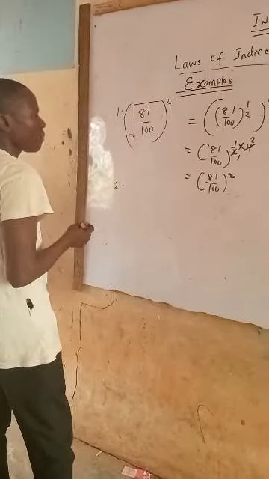But what if you have another question in this form? Let's say you have square root of 0.0081 over 0.00100.